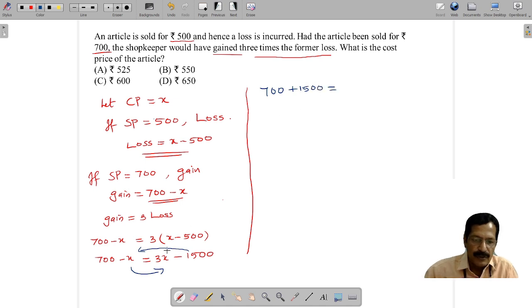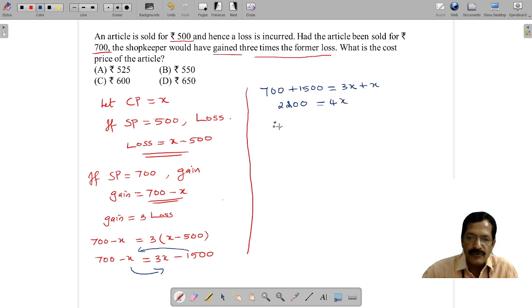That is equal to 3X, and minus X becomes plus X on the right. So 700 plus 1500 is 2200, equal to 3X plus X, which is 4X.